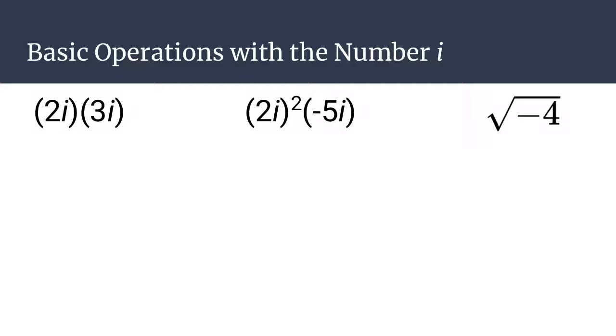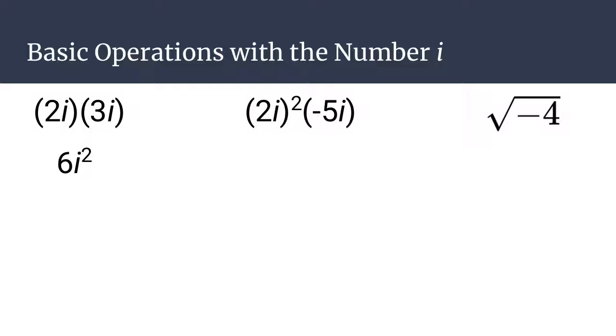So to start, we just have a few examples of basic operations. A couple of multiplication problems here. If you have 2i and you're multiplying by 3i, it's almost as if i is like the variable x from our previous examples, where you just do 2 times 3, which is 6, and then you also have i times i, which is going to be i squared. So this is all going to turn into 6i squared.